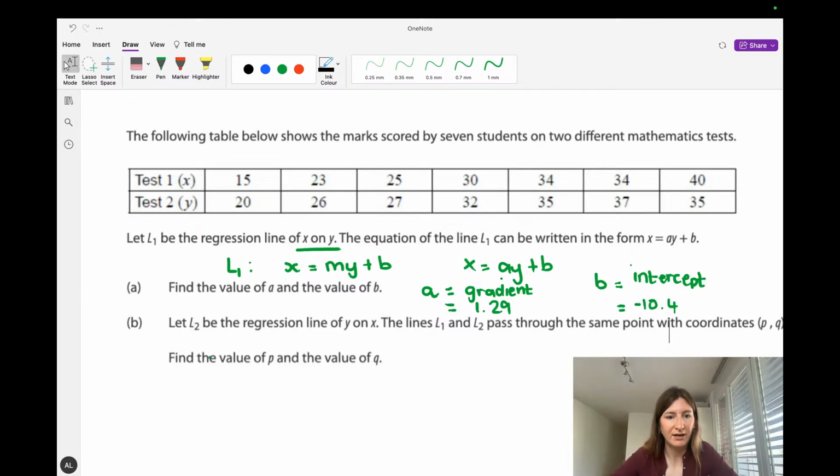So they just said find the value of a and find the value of b. They don't say put it together on the line, don't put it all together in an equation. Just say a equals 1.29, b equals minus 10.4. Those are the only important things that you need to have, but do not get them the wrong way around. Be very careful with that.